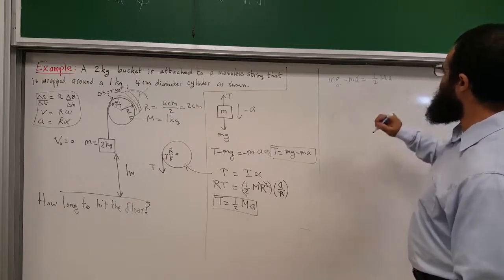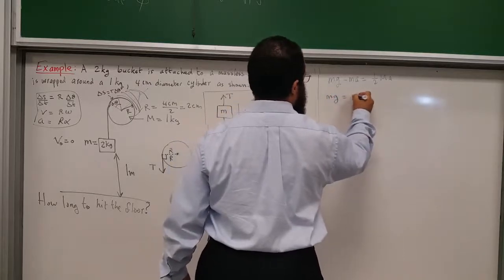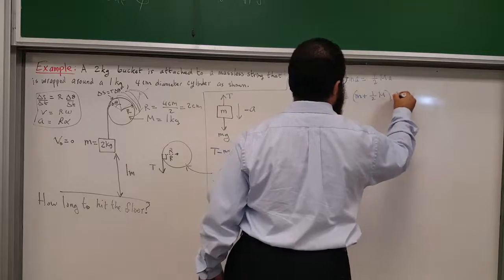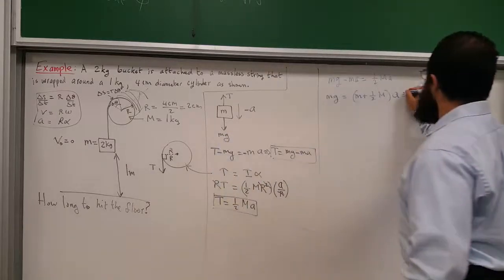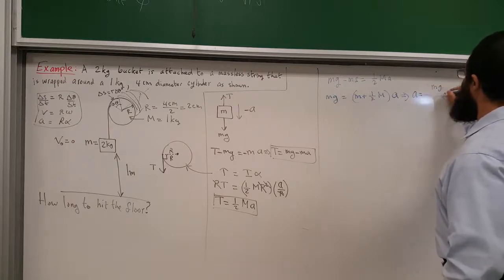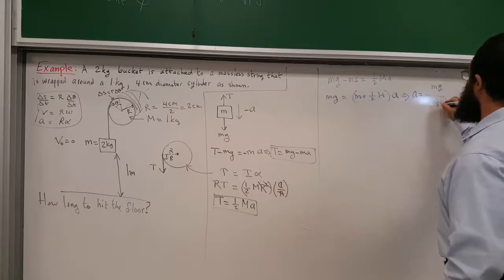Move this to the other side and factor the acceleration. So you get mg equal to m plus 1/2 of capital M times the acceleration. And so we get the acceleration equal to mg divided by little m plus 1/2 of capital M.